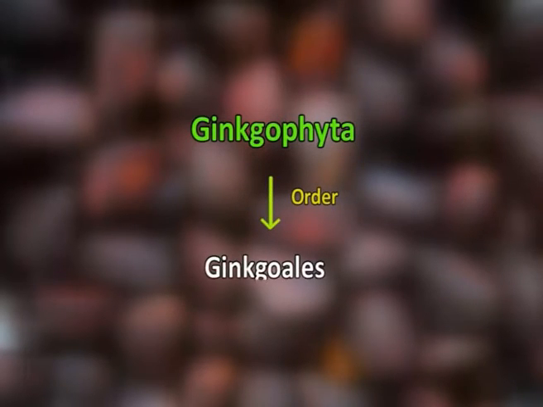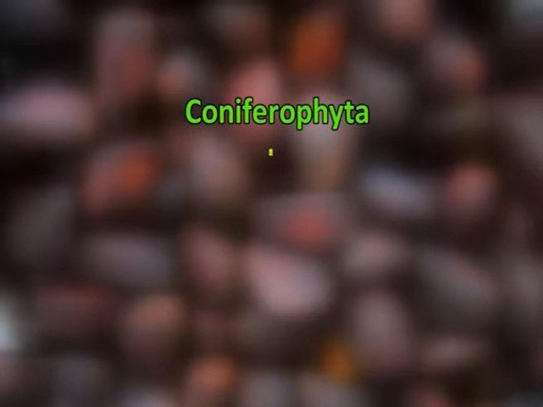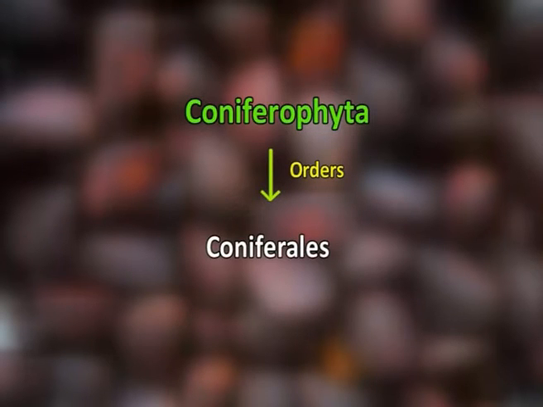Division 3, Ginkgophyta, having a single order, Gingoales. Division 4, Coniferophyta, having 2 orders, Coniferales and Cordaitales.